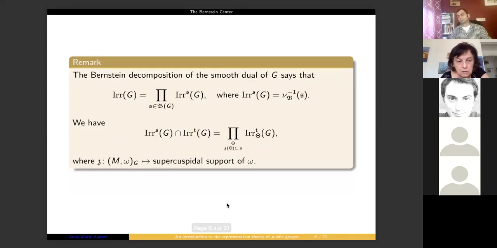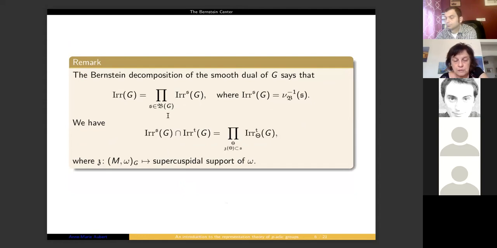So now, first, a remark. The Bernstein decomposition is at the level of categories, but of course we can consider the irreducible objects in all these categories, and you get a decomposition of the smooth dual of G, which we denote by E(G), as a product of blocks.